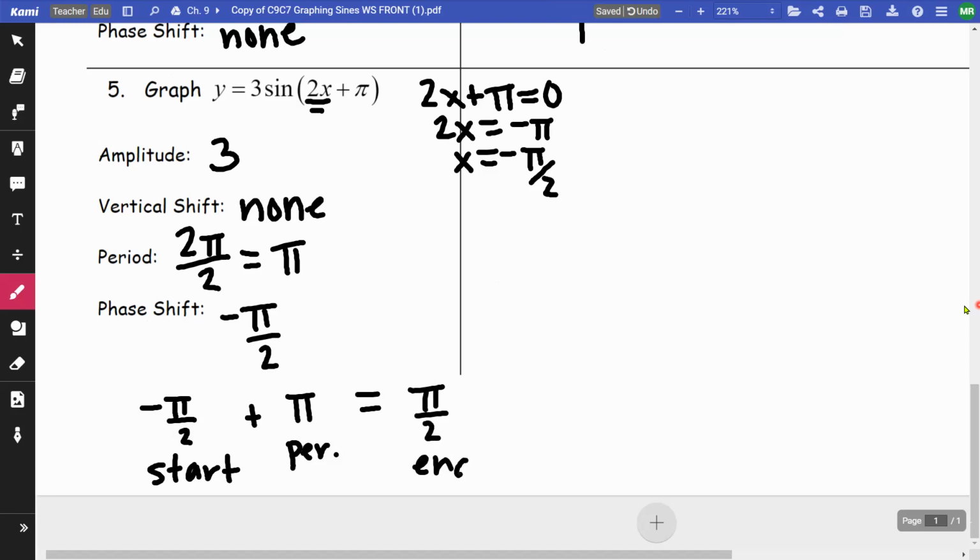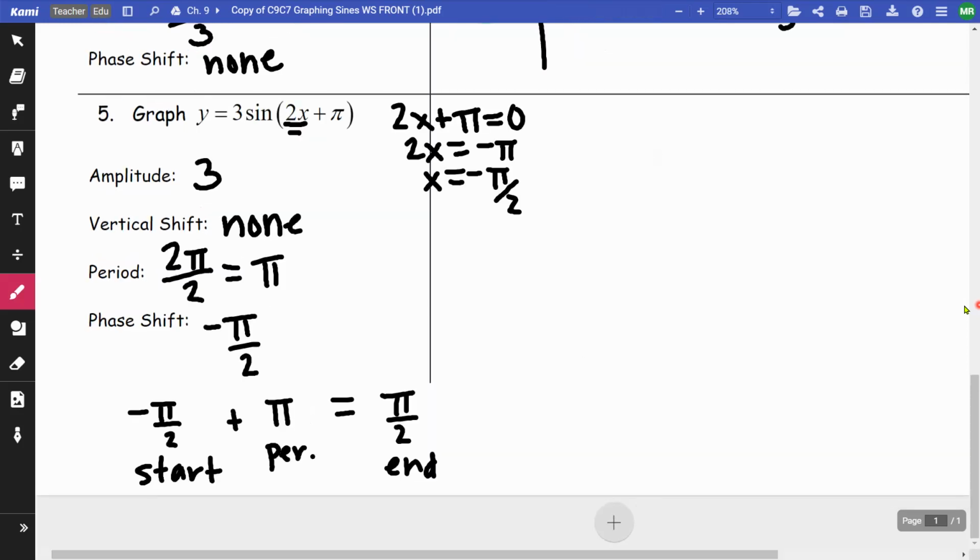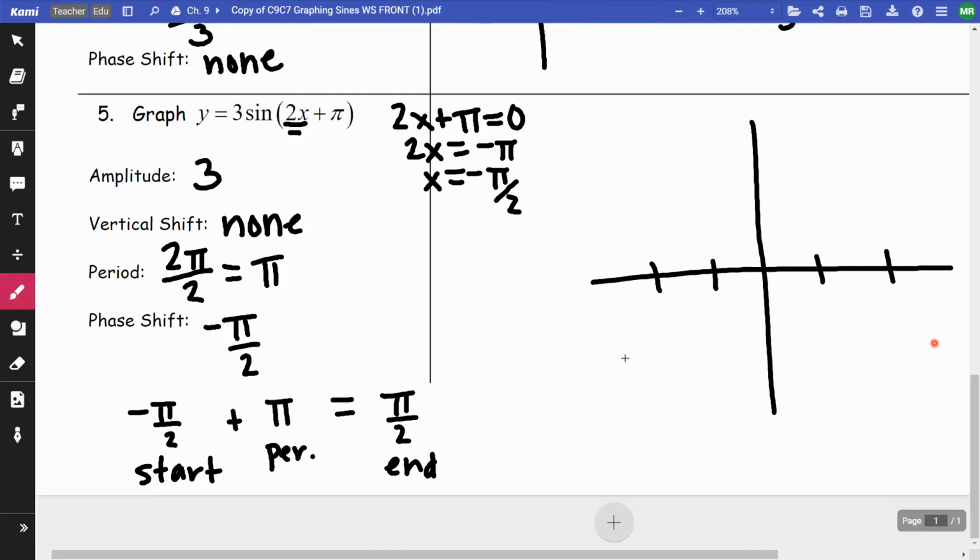That's going to be my end. So for this one, I'm going to draw my y-axis in the middle. I'm going to have 2 marks on either side. And then my 5th mark is this one here. And so I'm going to be going from negative pi halves to positive pi halves.